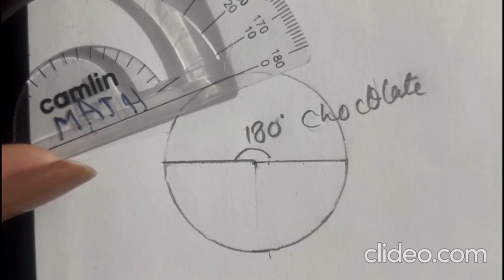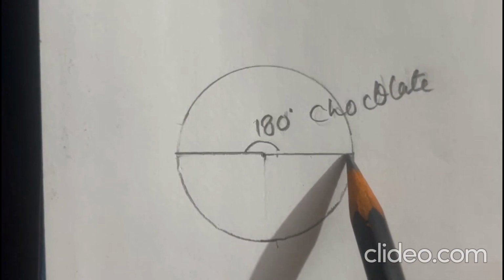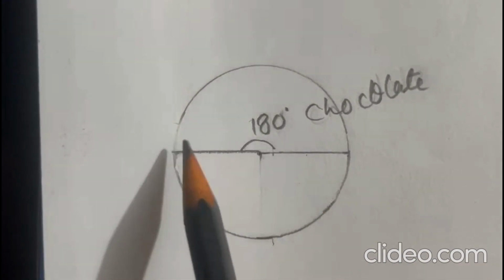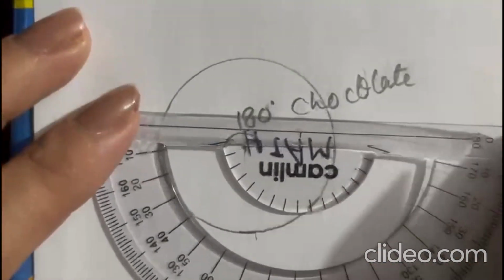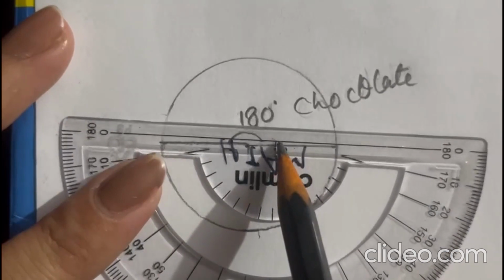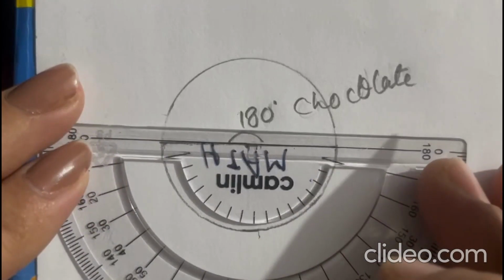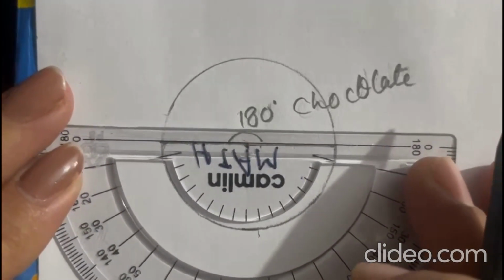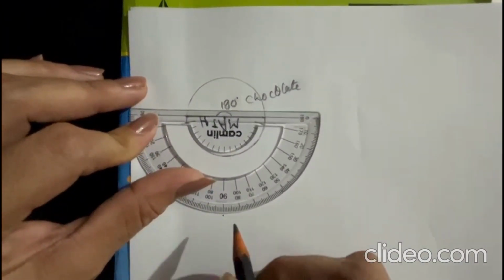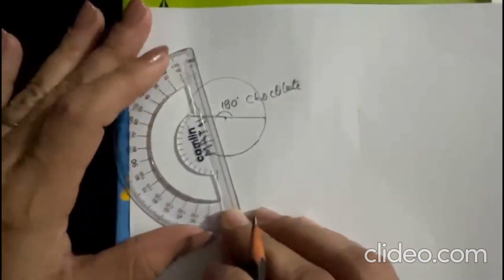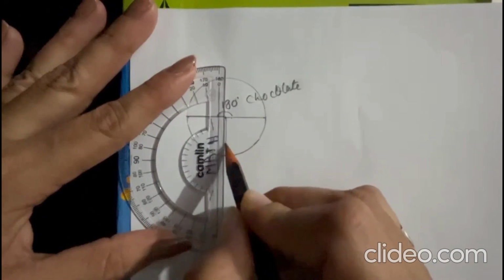Now the next fraction is 1 by 4th of 360, that is 90 degrees. So now see, we started from this point. Now we reached till here. So now this one will work as the baseline. Here we will draw 90 degrees as 1/4. Again the same thing, this point should coincide with this point and this line should coincide with that line. So yes, you can see 90 degrees coming here. So we'll draw the line till here only, till the circumference.